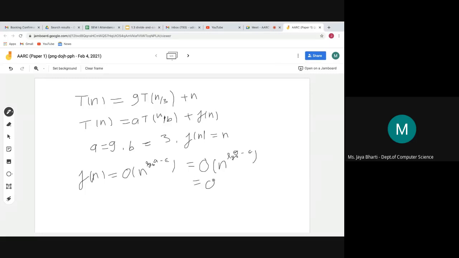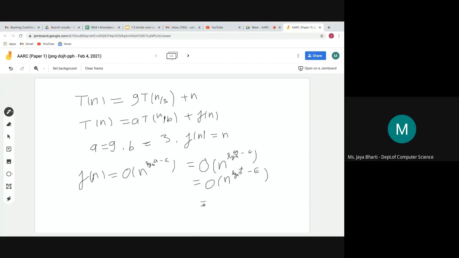So n is equal to, what will it be? Log base 3, and 9 is 3 square. So we will write 9 as 3 square.